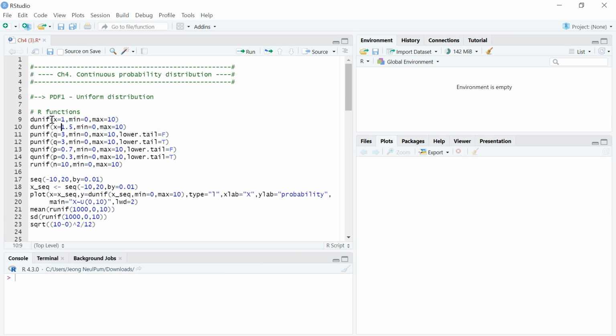So when you want to get the density value when our x value is 1, and our parameters are 0 to 10, we can use the density function, which gives 0.1.